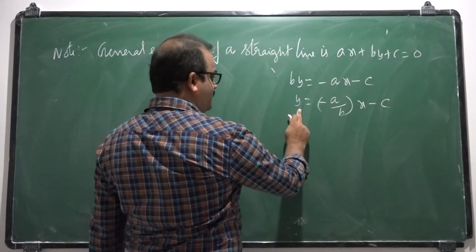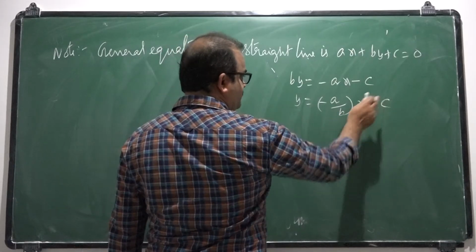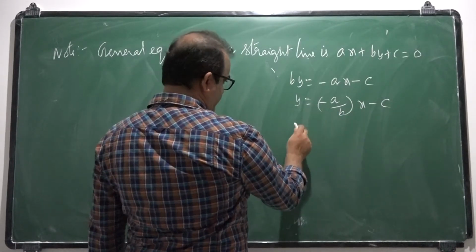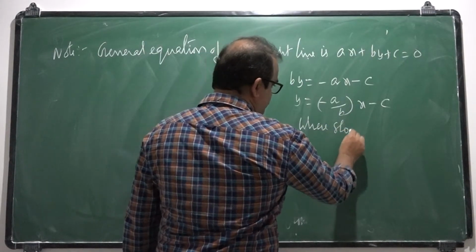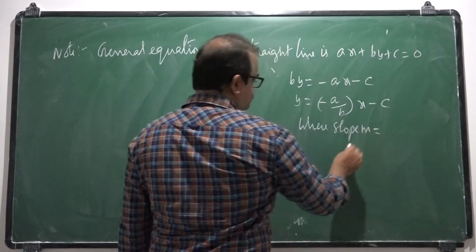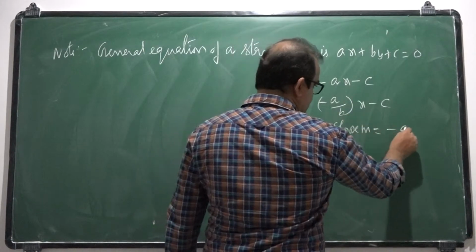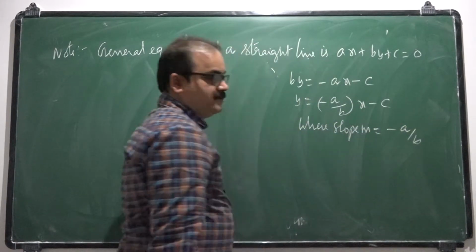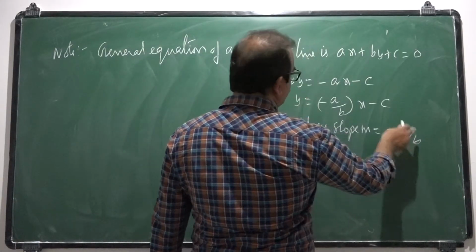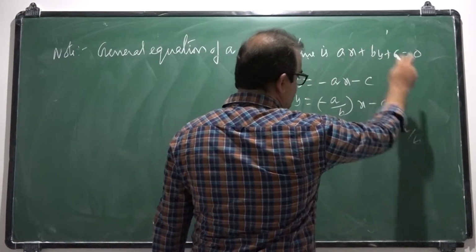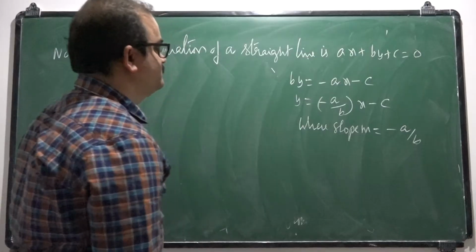It is in the form of y equals mx plus c, where slope m is equal to minus a by b. So the slope of any line is minus of the x coefficient by the y coefficient.